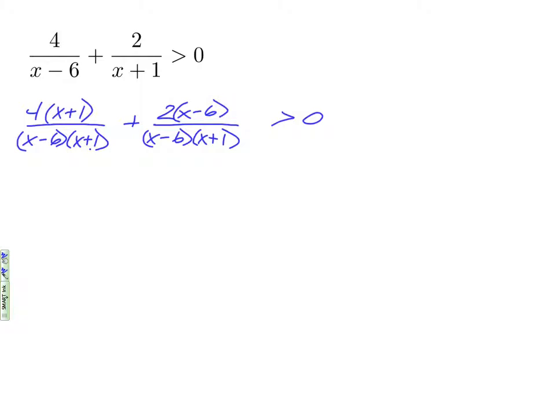Okay, now that we have the same denominator, we can put them together. So that gives me 4x plus 4 plus 2x minus 12.